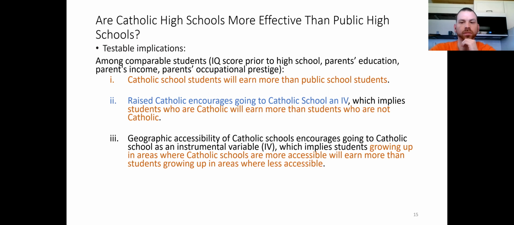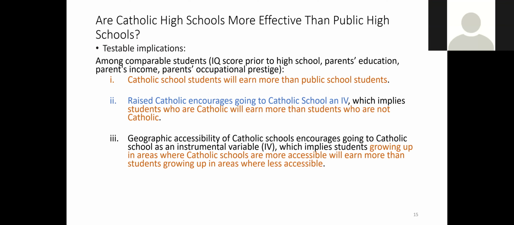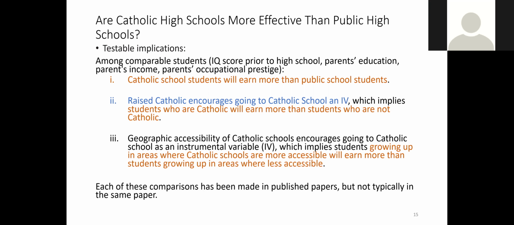So the first one is just a direct comparison that we are all familiar with, comparison between Catholic and public school students. Each of these comparisons has been published in papers, but not typically in the same paper.